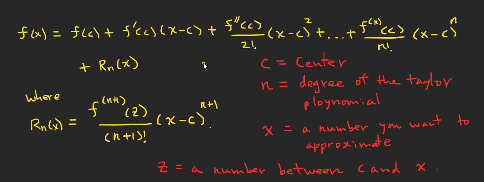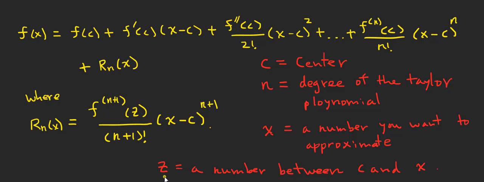So here c represents the center, n represents the degree of the Taylor polynomial, and x represents the number that you want to approximate. And the most confusing part of Lagrange error bound is the letter z.